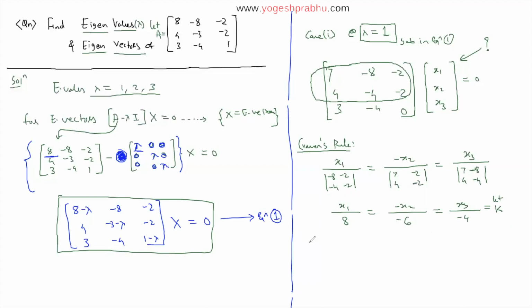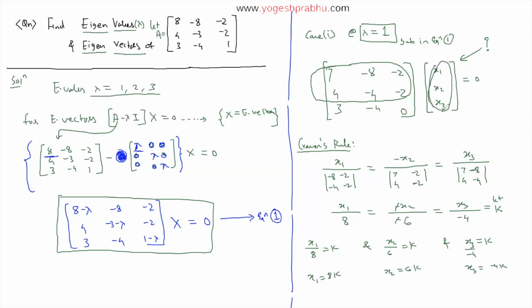I'll say x1 divided by 8 is equal to k, and x2 divided by 6, this minus will cancel out, is equal to k, and x3 divided by minus 4 is also k. So you will get x1 is equal to 8k, x2 is equal to 6k, and x3 is equal to minus 4k.